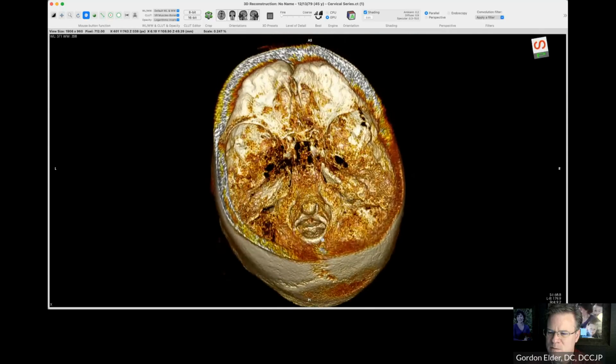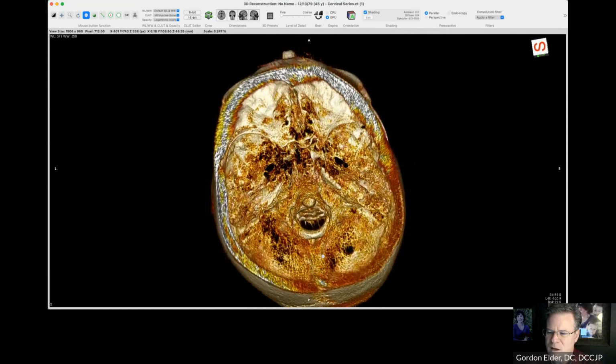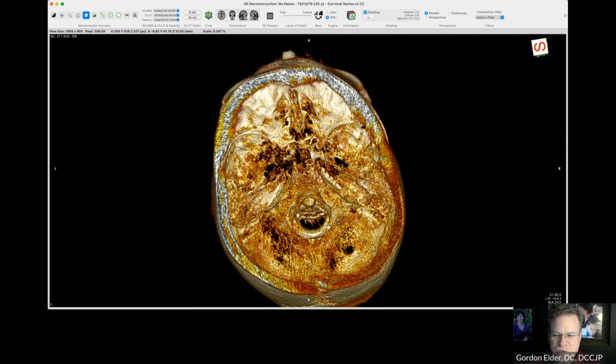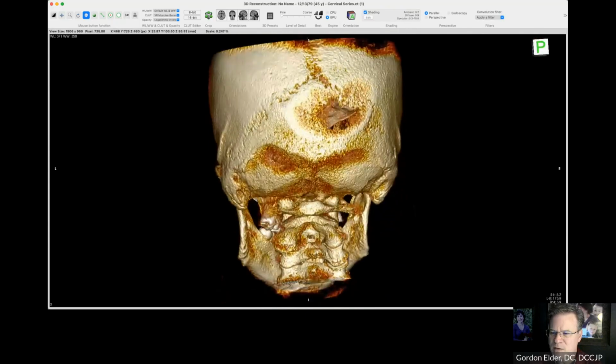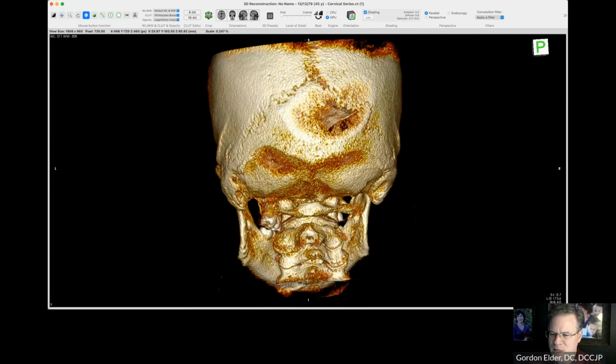Then we can look straight down the middle and see the foramen magnum, the ring of C1, the dens, and see that things look a little bit misaligned. It's not enough, in most cases, to give you diagnostic information. However, it's good because you may say, wait a minute, I thought I saw something on 3D.